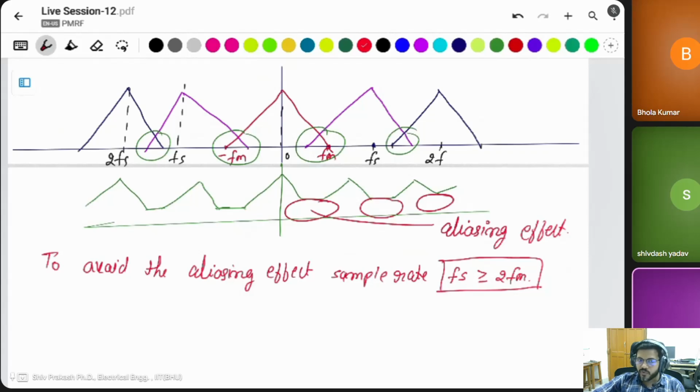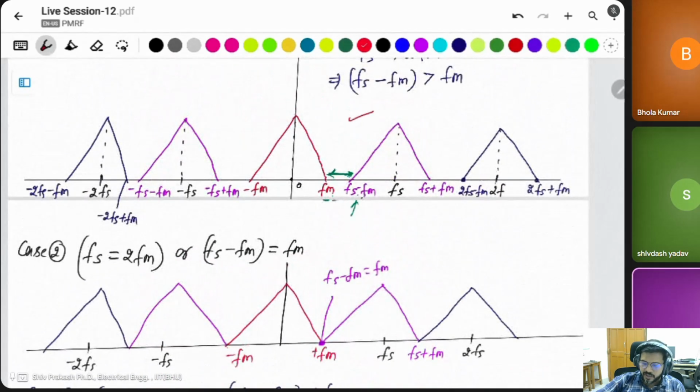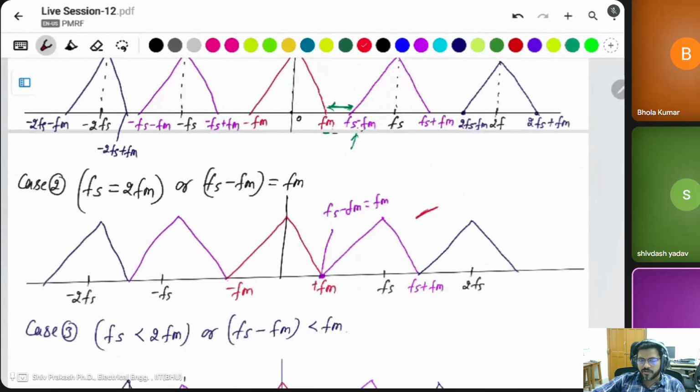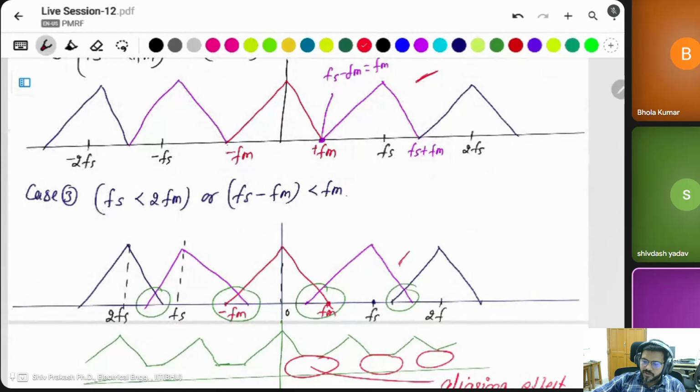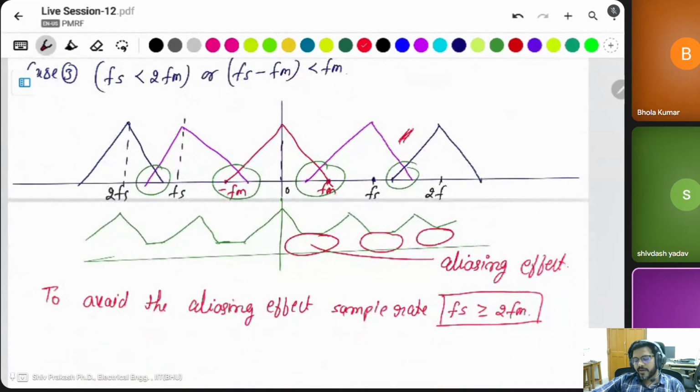We will get the full original signal. If greater than this, we will get this type of signal, which is not distorted, but this is the distorted signal. That's why the sampling frequency should be greater than twice the original signal frequency. Okay, this is known as sampling.